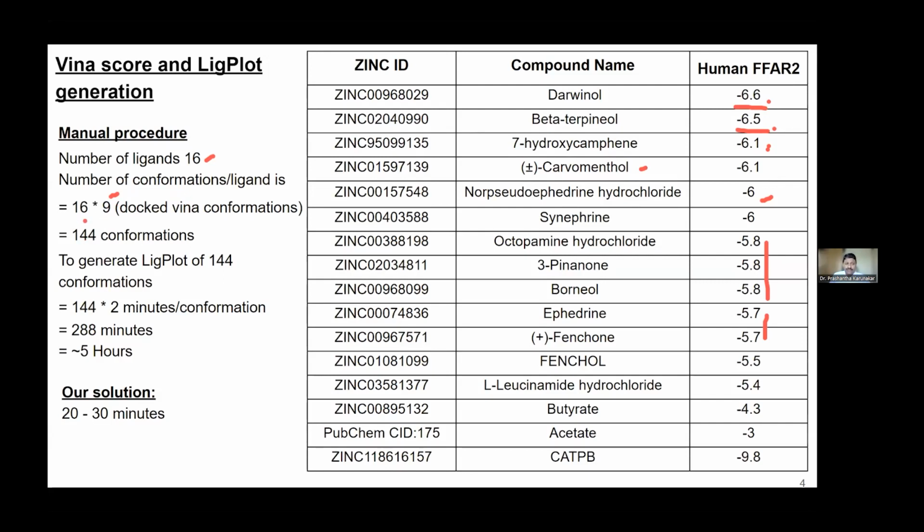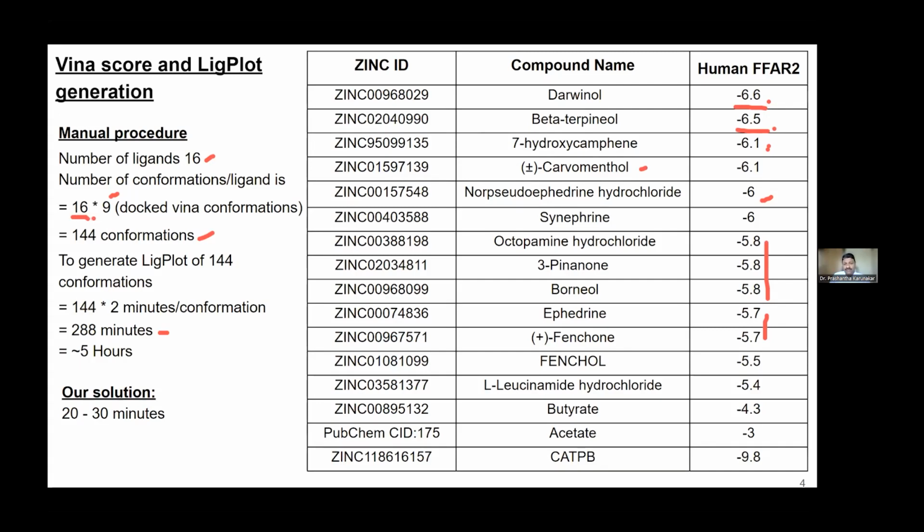So we have 16 ligands into 9 docked conformations, around 144 conformations. Even if we take 2 minutes to generate the plot for one conformation, it takes around 288 minutes to generate the Ligplots for all 16 ligands.